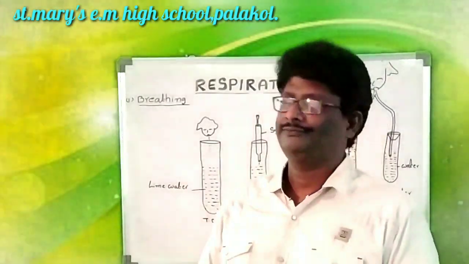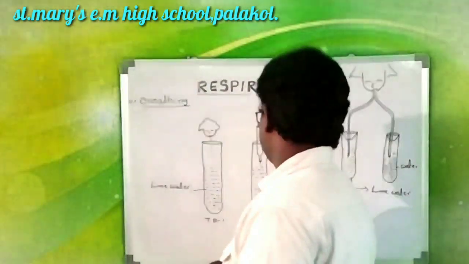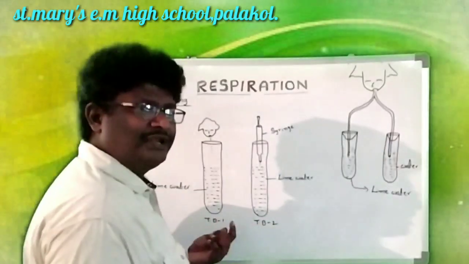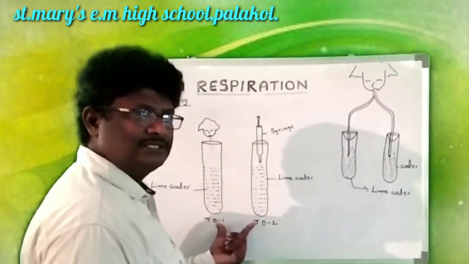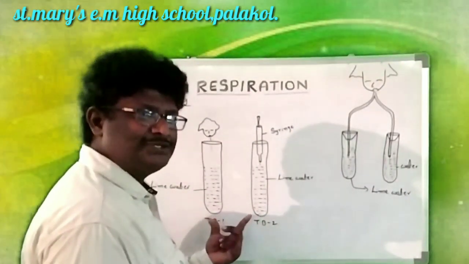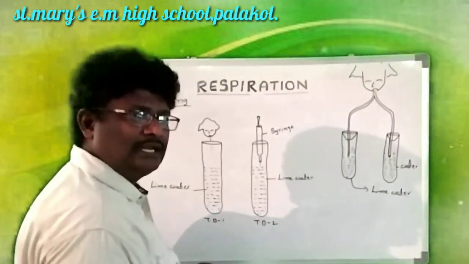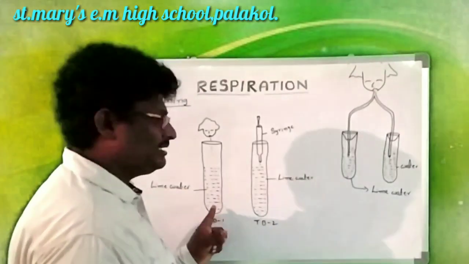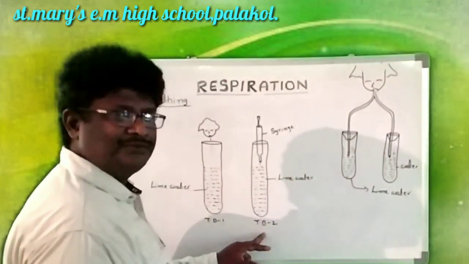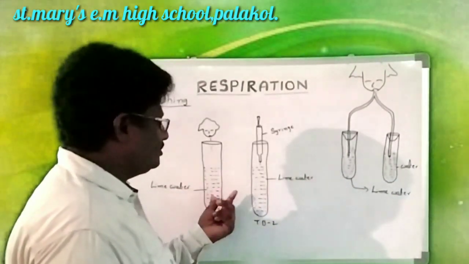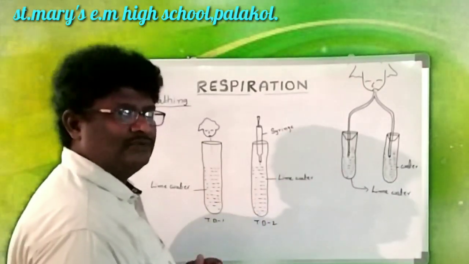Look at the board. First, we have to take 2 test tubes. These 2 test tubes are filled with lime water. This is called test tube number 1. This is called test tube number 2. So both test tubes are filled with lime water.